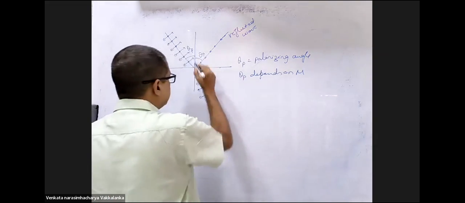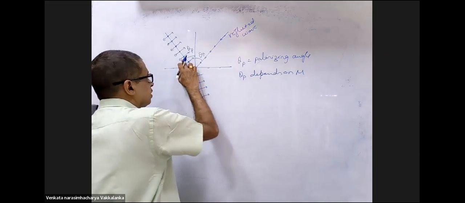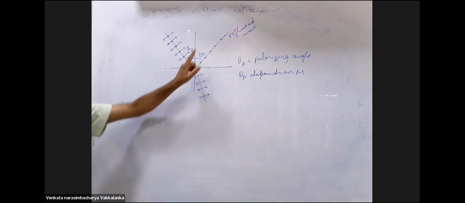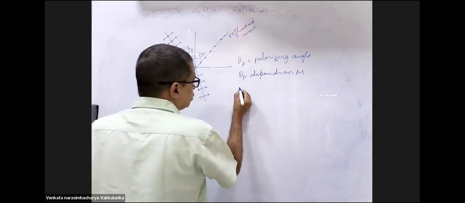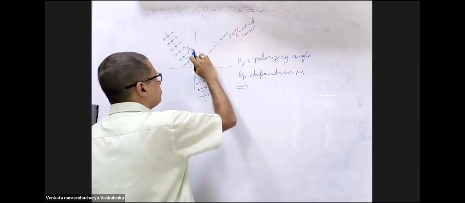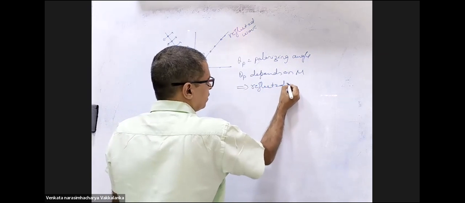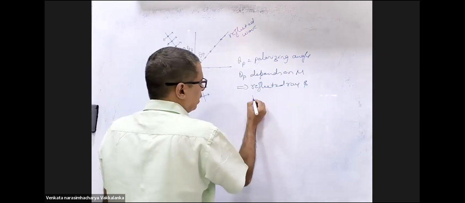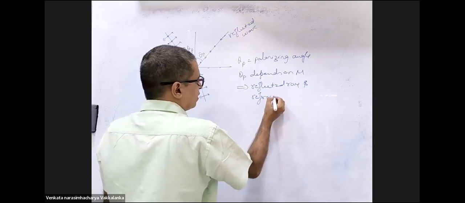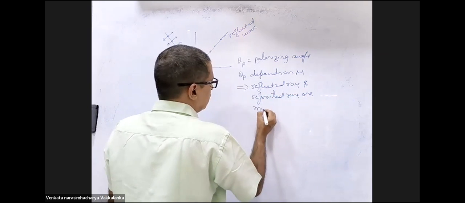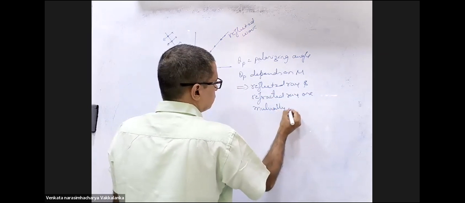And this happens when reflected ray and refracted ray are mutually perpendicular. Condition for this to happen, reflected ray and refracted ray are mutually perpendicular.